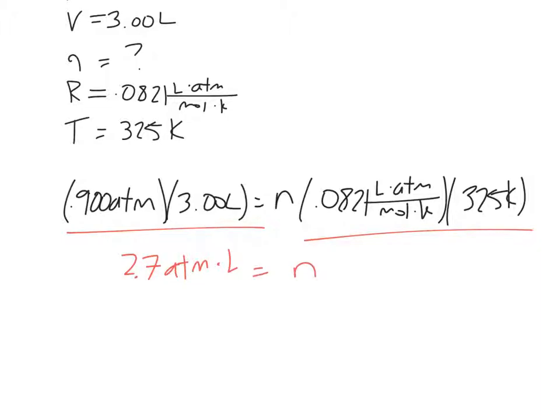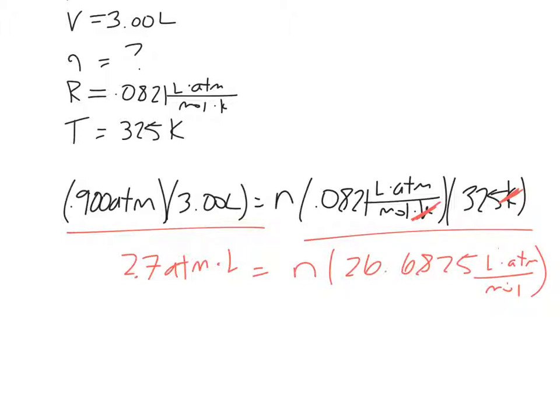Just leave those there. n is still n, and then on this side I multiply 0.0821 times 325 and I get 26.6825. And the units there are liters times atmospheres over moles, because the Kelvin from the temperature and the Kelvin in the R constant cancel each other out.